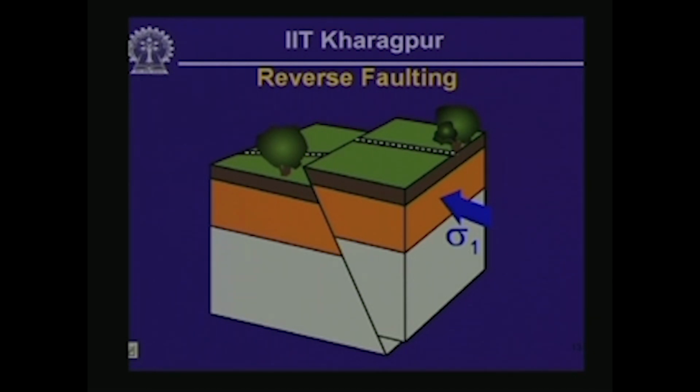Here also you should notice that the layers of rocks are horizontal. So the direction of sigma 1 in this case is horizontal, and sigma 3, the minor principal stress, is going to be vertical.